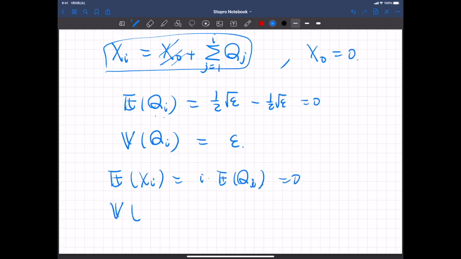And this is not a good notation, but anyway, variance of xi is just I times epsilon. Maybe I should use n here. This stems from the independence of each qi.